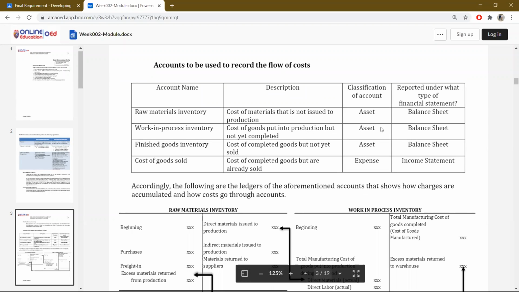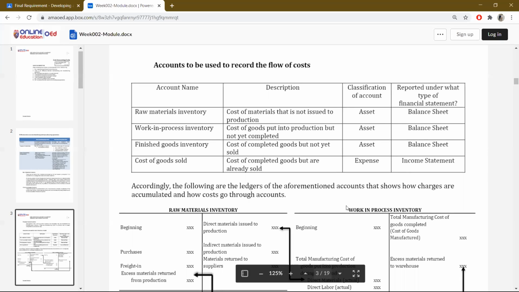It is also an asset because it is an inventory and it is part of the balance sheet as part of current assets, because inventory is included in the current asset section of the balance sheet. Same with the finished goods inventory. Cost of completed goods but not yet sold. So it is also an asset and it is reported in the balance sheet as part of the current asset section.